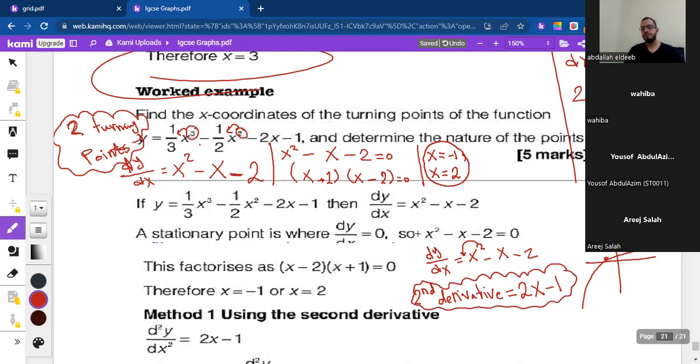Okay, guys? Again, first of all, you find the first derivative, dy by dx, and equalize it to 0. After that, you find the value of x. Then you differentiate again using the same rules. It will be 2x minus 1, the second derivative.